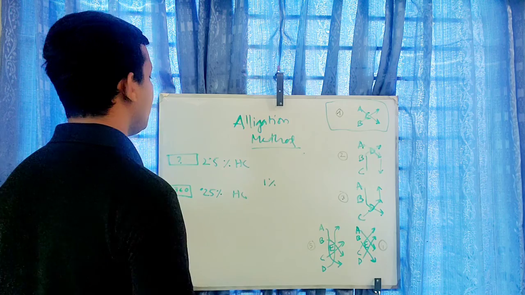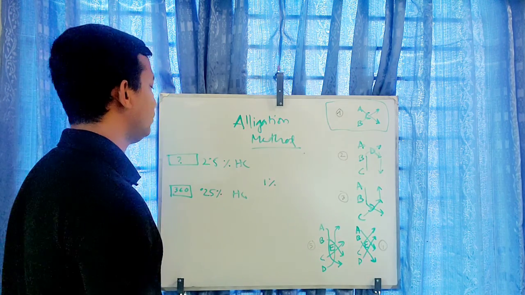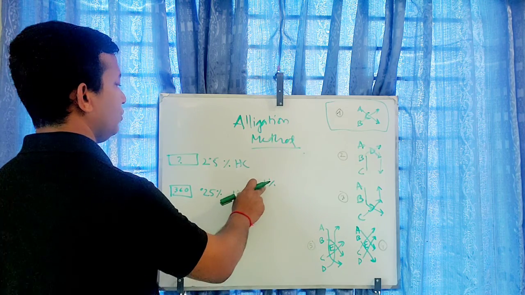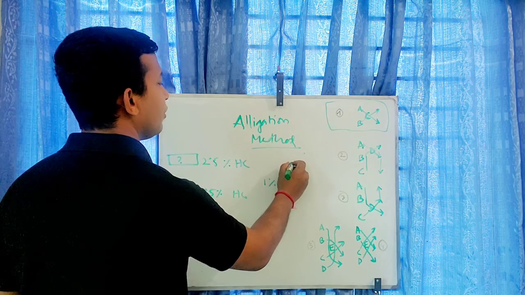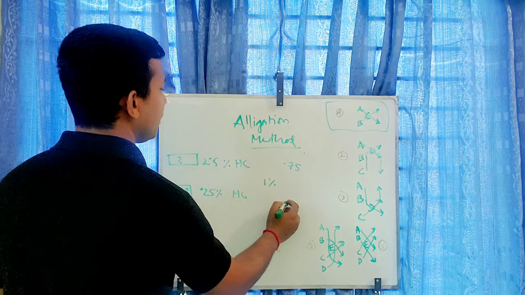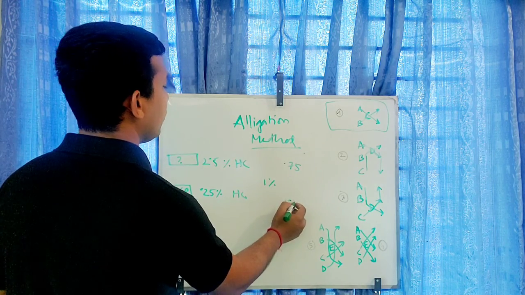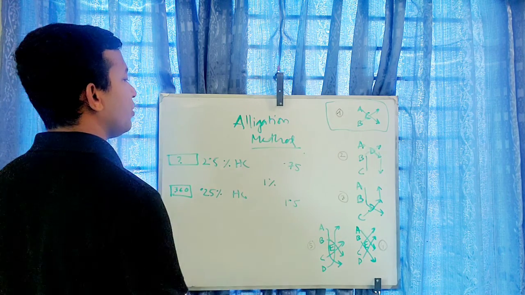So if we do the math here, 1 minus 0.25 becomes 0.75, and 2.5 minus 1 becomes 1.5. So the ratio is 0.75 to 1.5.